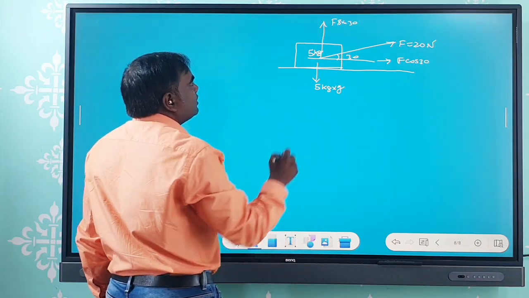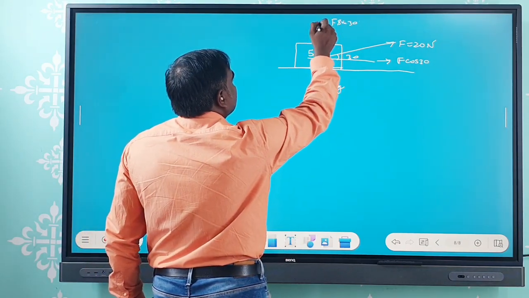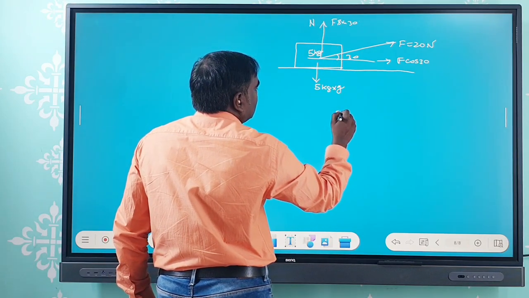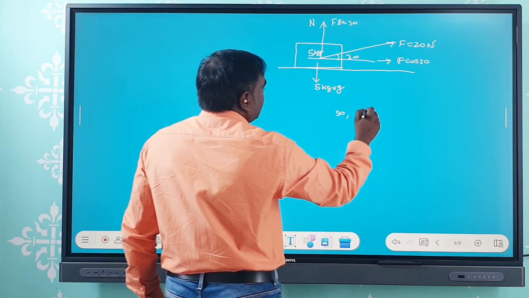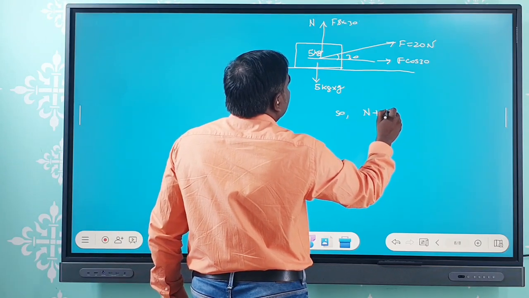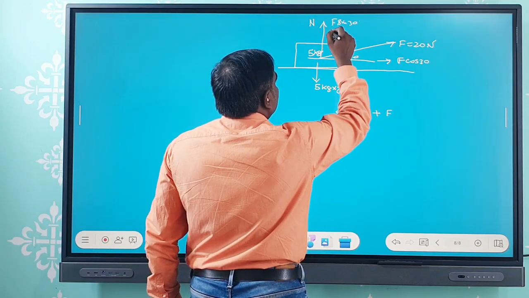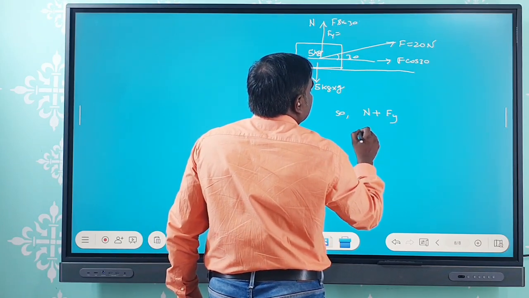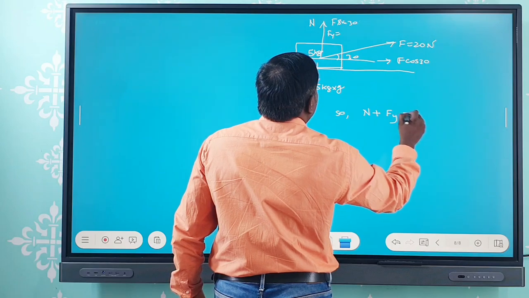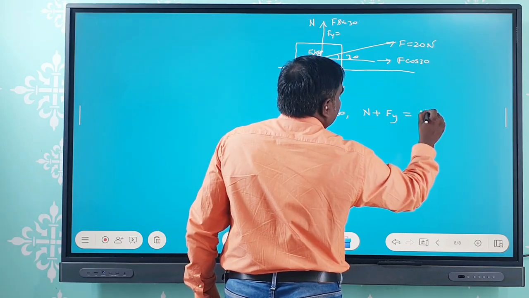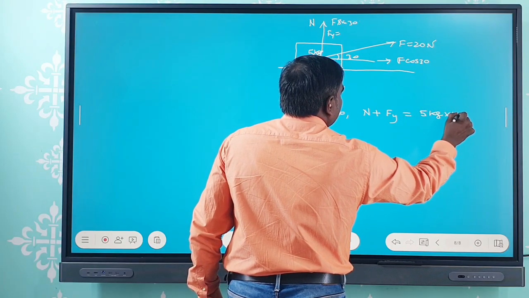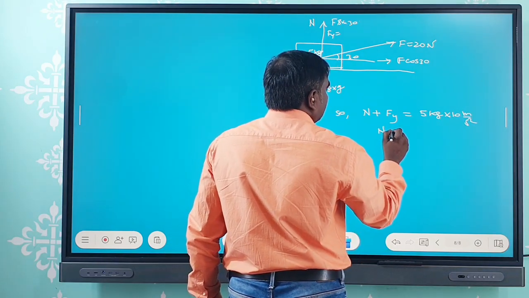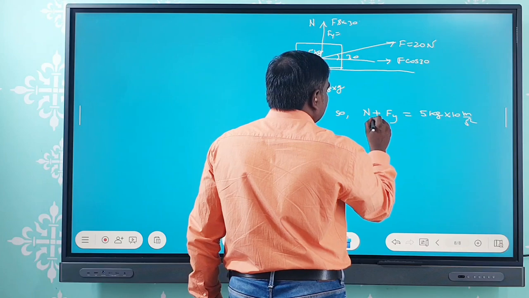So the normal reaction is always acting in this direction. So you can see that normal reaction plus Fy, so Fy in this case F sin 30, is equal to 5 kg into 10 meter per second square. So we need the normal reaction for case B. Why?